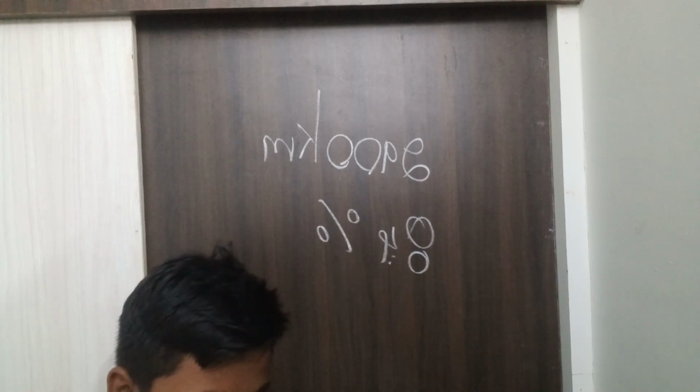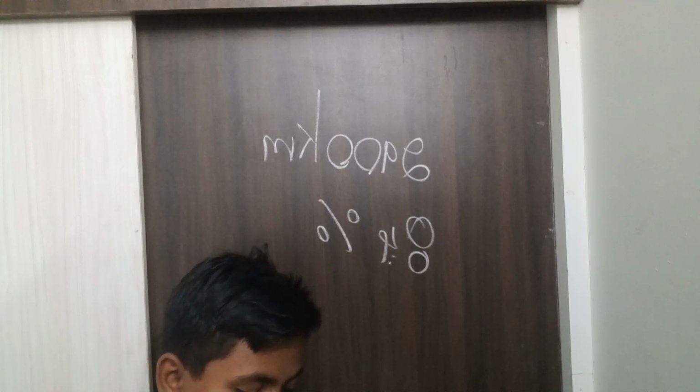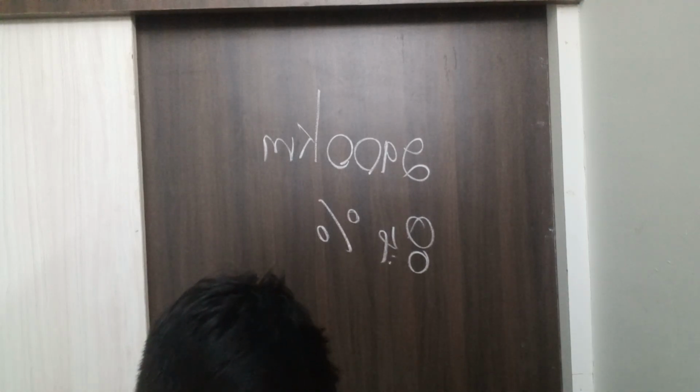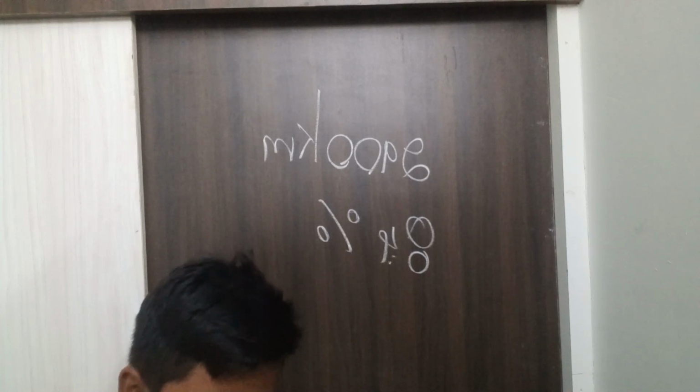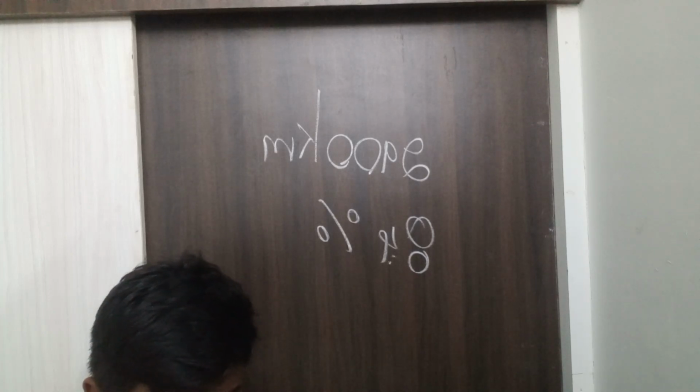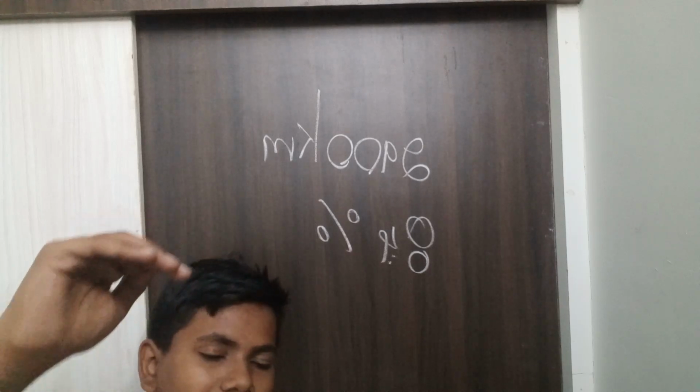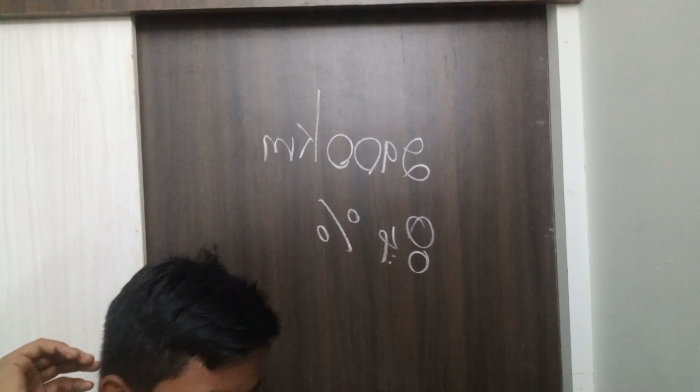The lower mantle extends from 700 to 2900 kilometers. The lower mantle is hotter and denser than the upper mantle.